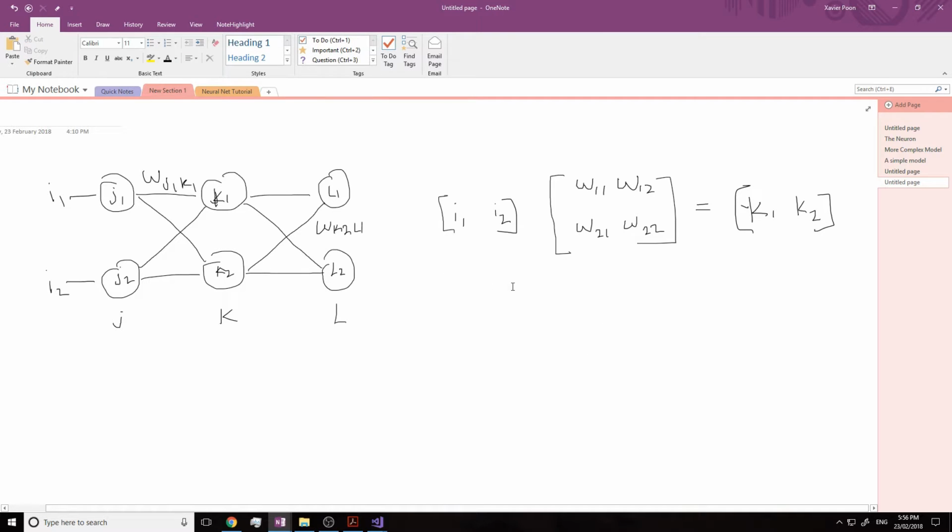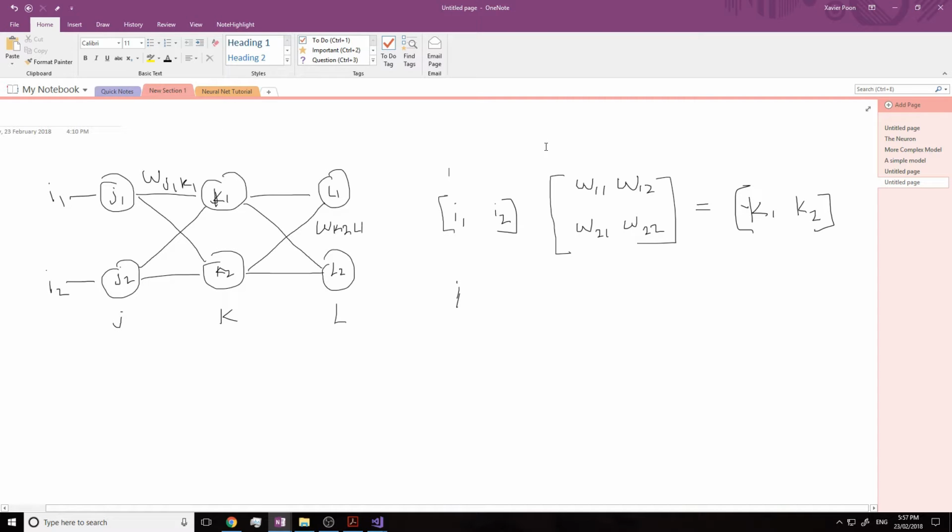Let's try and actually multiply these two matrices together manually. So how would that look? Well, first of all, you take a look at the first matrix, what the first number of the first row of that matrix is. That's I1.